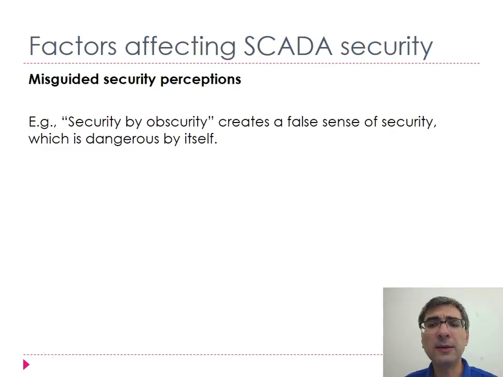So something being obscure, in fact, the more unknown something is, the more closed, the more proprietary something is, the more likely that it has not been subjected to public scrutiny, the more likely that it has some kind of flaws, some kind of vulnerabilities that no one has really checked yet. And in this sense, there is no indication that having something that is unknown is by any means better in terms of security. It's a false sense of security more than anything.